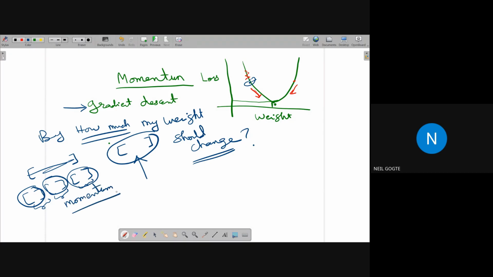How much weightage I give to the momentum and how much I give to the current batch depends on a hyperparameter. Normally it's called beta. It doesn't matter whether they call it alpha, beta, or whatever. A parameter decides how much I should have of this and how much of that. Sometimes they use beta and 1 minus beta: beta decides how much of the momentum, and 1 minus beta decides how much of the current one, or they work with two other numbers.